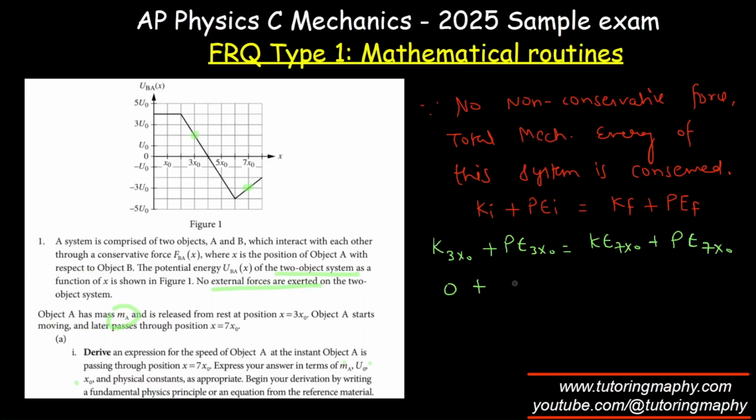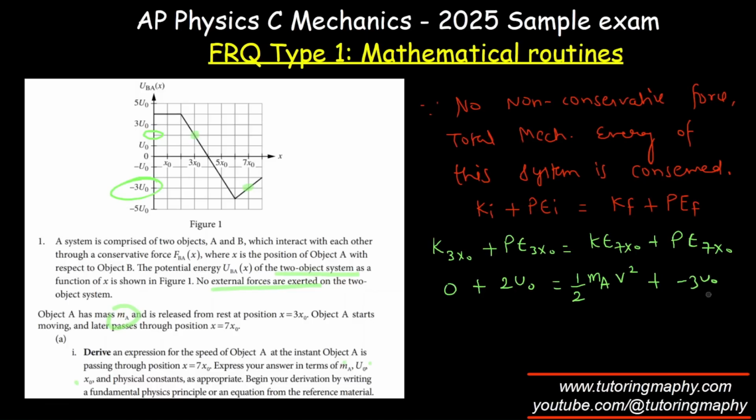The potential energy at 3x naught, we can read it from the graph, right? It's just 2u naught. Kinetic energy at 7x naught is our interest, so half ma v square, where v is the unknown, plus the potential energy of the system at 7x naught, which is clearly negative 3u naught over here.